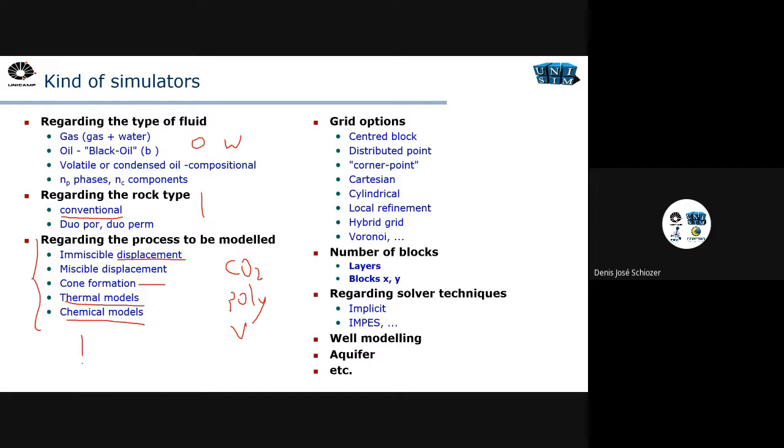So if it's a very simple reservoir, like the one we talked about here, a black oil reservoir, and we are only injecting water and displacing oil by increasing pressure, then we can use a very simple simulation model, okay?